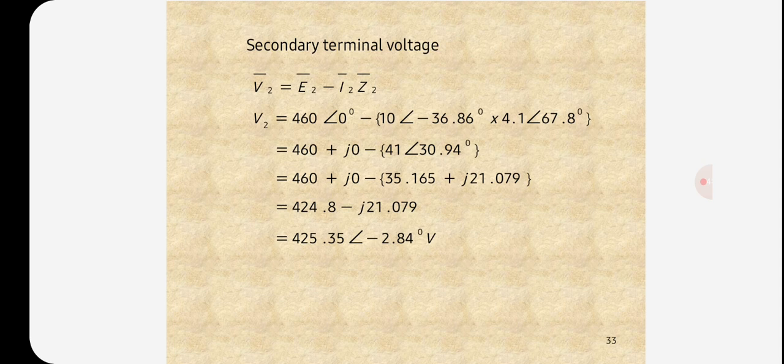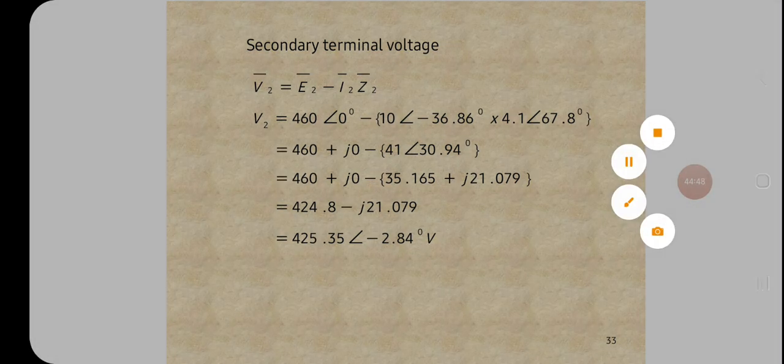So that is equal to 460 plus j of 0 minus 35.165 plus j of 21.079. Here 424.8 minus j of 21.079, that is equal to 425.35 angle of minus 2.84 degrees.